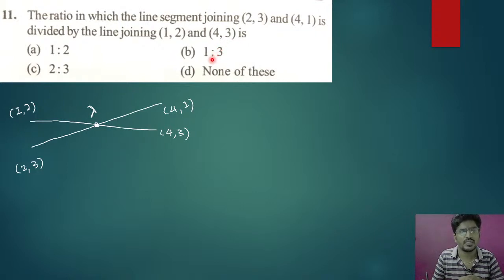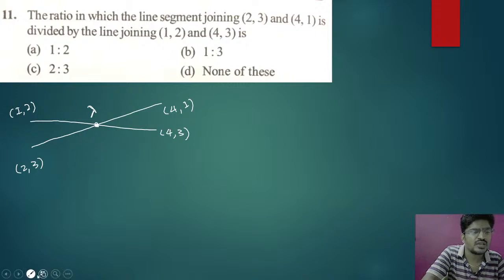Clear? Okay. So now we have to find the ratio in which this lambda divides the line 2, 3 and 4, 1. For that, first we have to find this lambda value. Then we can see that this lambda is present on both the lines. So using that, you can find the ratio in which they are dividing.